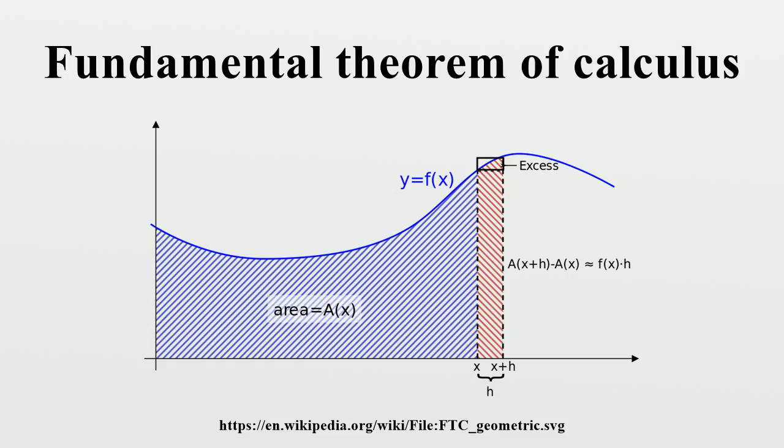Second part. This part is sometimes referred to as the second fundamental theorem of calculus or the Newton-Leibniz axiom. Let f and F be real-valued functions defined on a closed interval [a, b], such that the derivative of F is f. That is, f and F are functions such that for all x in [a, b], F'(x) = f(x).